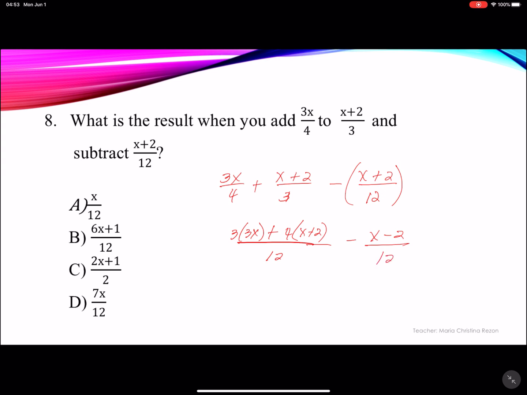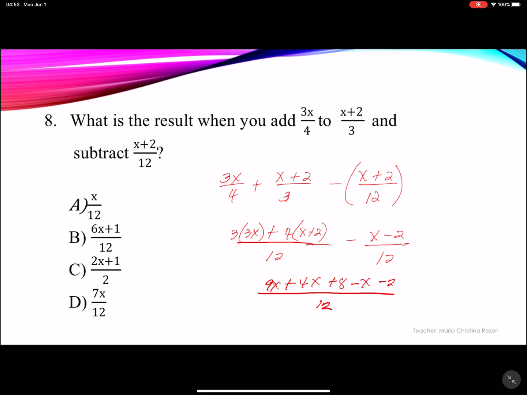Then we can combine all of this with the denominator of 12. So you have 9x plus 4x plus 8 minus x minus 2.